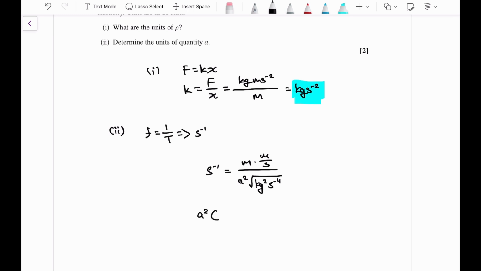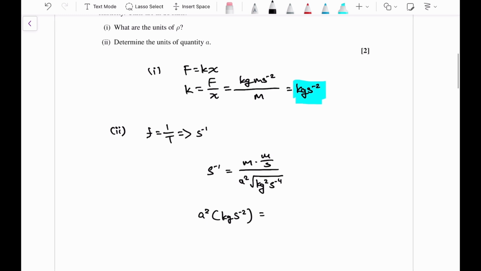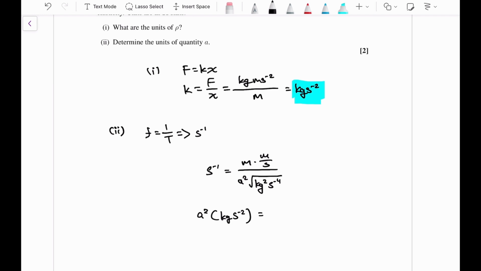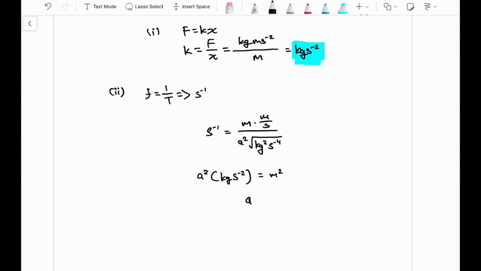This is kg s^-2 is equal to, the s cancels out, so basically what's left will be m squared. And then a squared will be equal to m squared s squared kg^-1. So therefore the units of a will be equal to m s kg to the power of minus a half. And this will be the answer to the second component of this question.